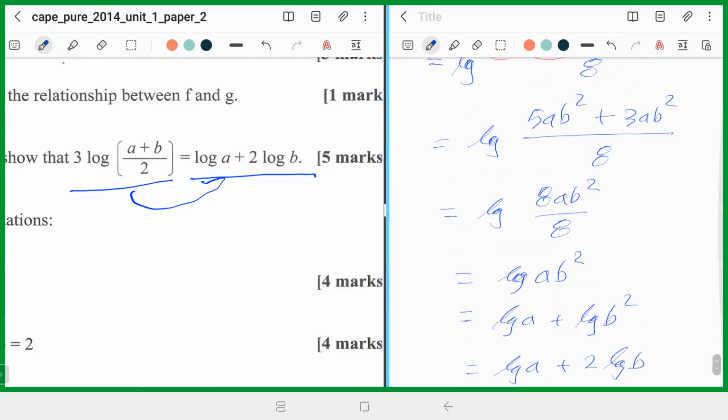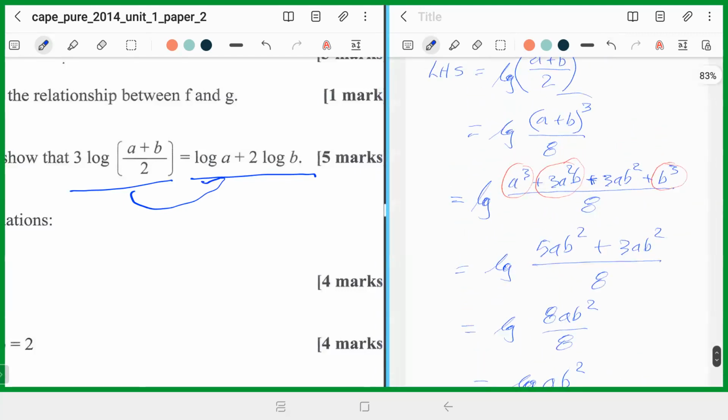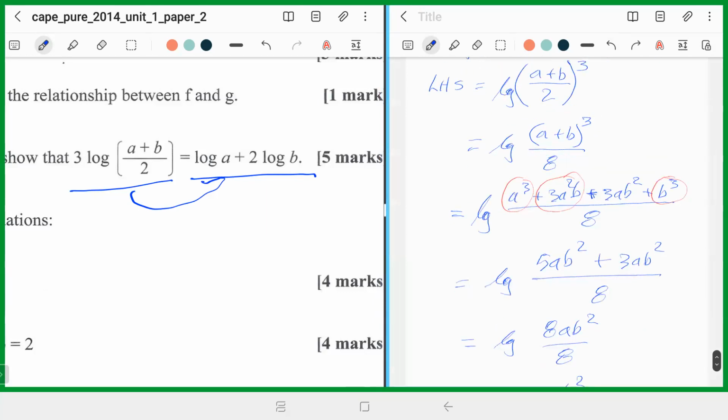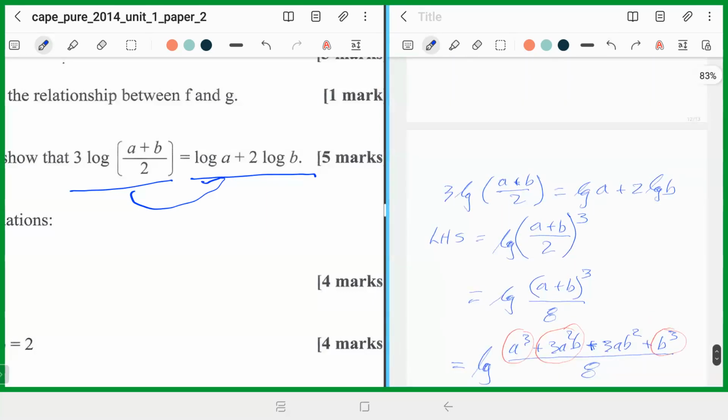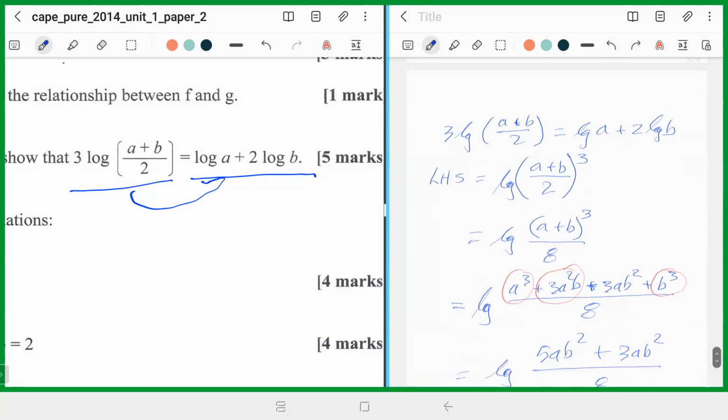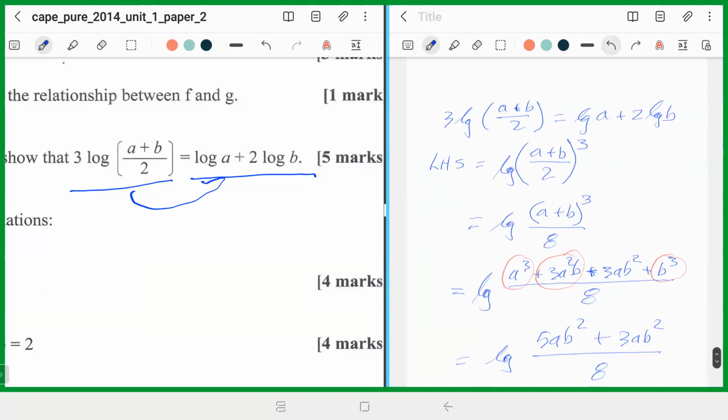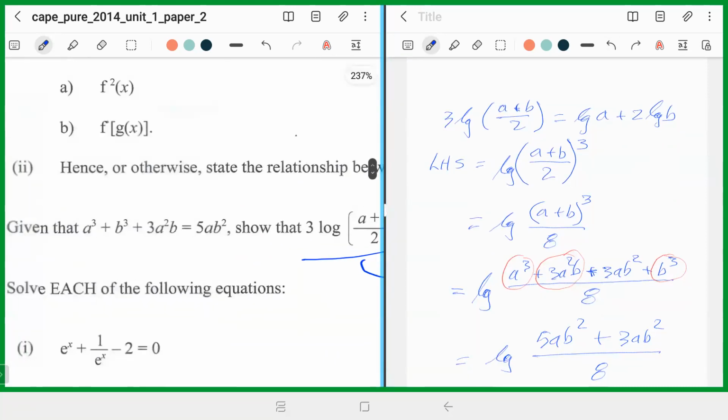So the key step in this question was just to expand the cube. First thing, simply enough, we work on the left side. I'll take the 3 and move it up onto the power. That's how we get that. And then I expand the numerator, the cube. Just that expansion gives us this. But then the question gave us this information to use. And so that's how I get the 5ab squared.